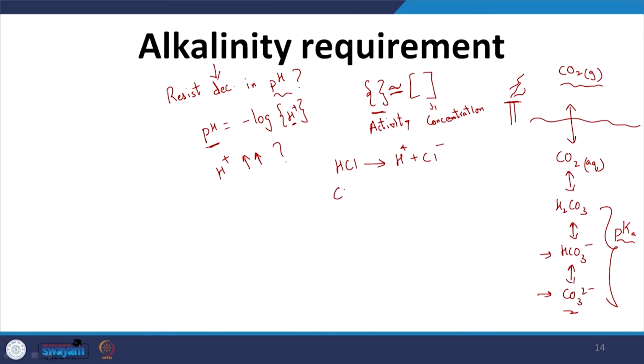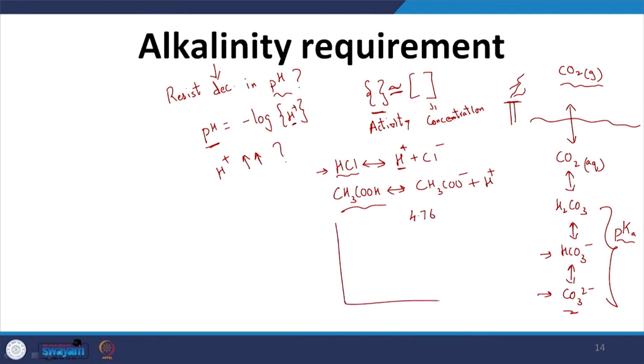Acetic acid, let us say, acetate and H plus. So, when I add acids, depending on how strong, for example, this is a strong acid, pK is 0 or less than 0. So, it will always release H plus at almost all the pH ranges. This is not such a strong acid, the pK is 4.76.